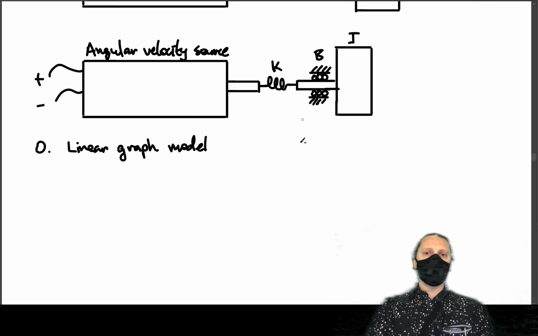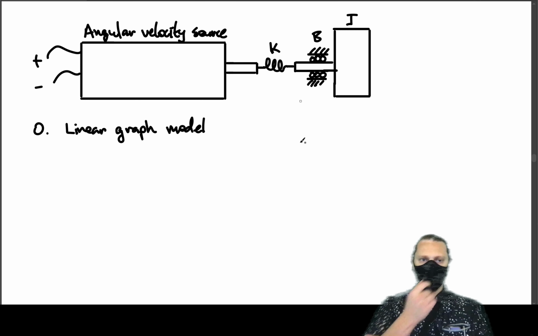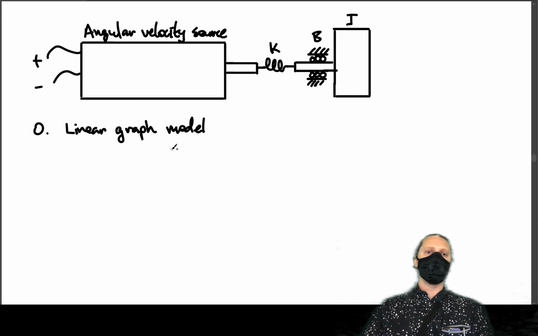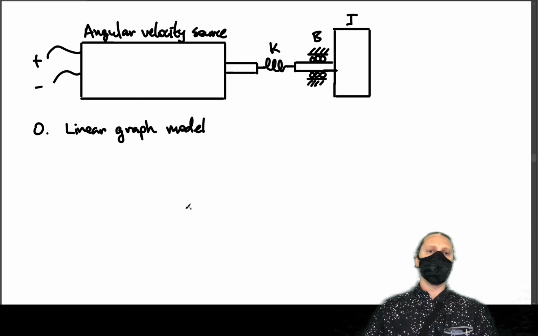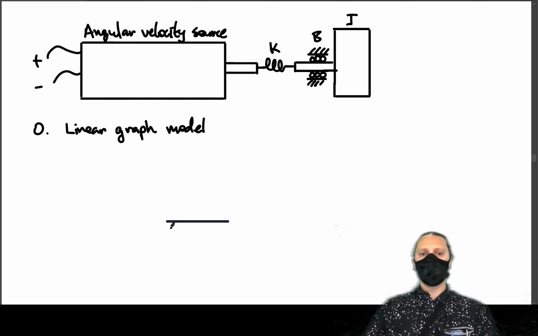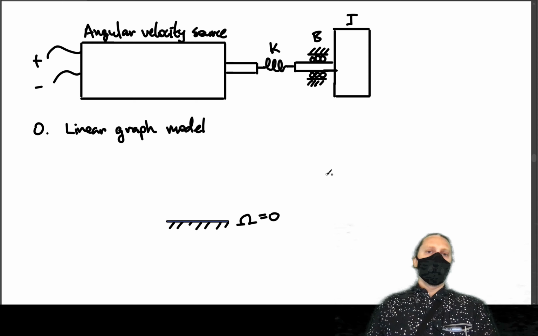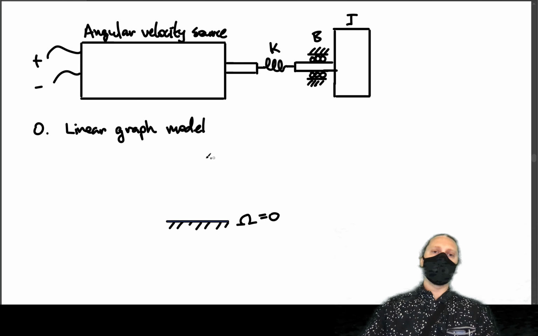And that linear graph model, for a mechanical rotational system, will have an angular velocity reference or ground that's omega equals 0, which is a good one. So we can start drawing in the nodes now.